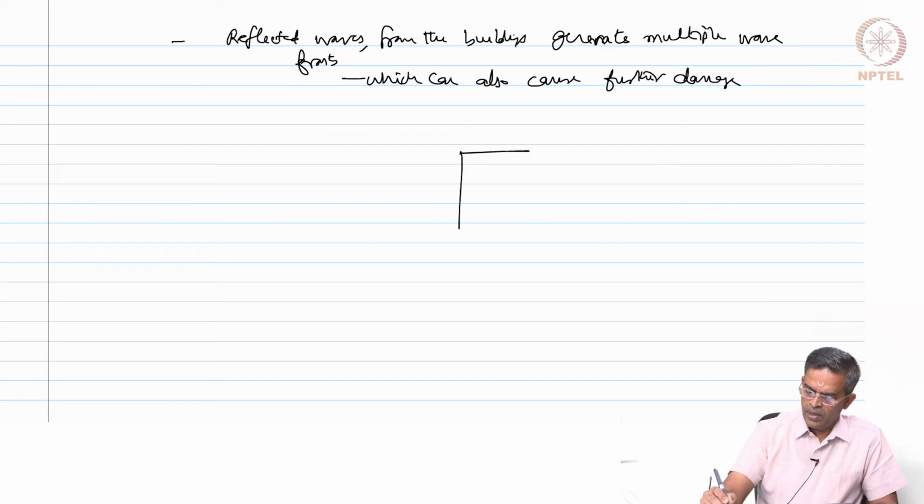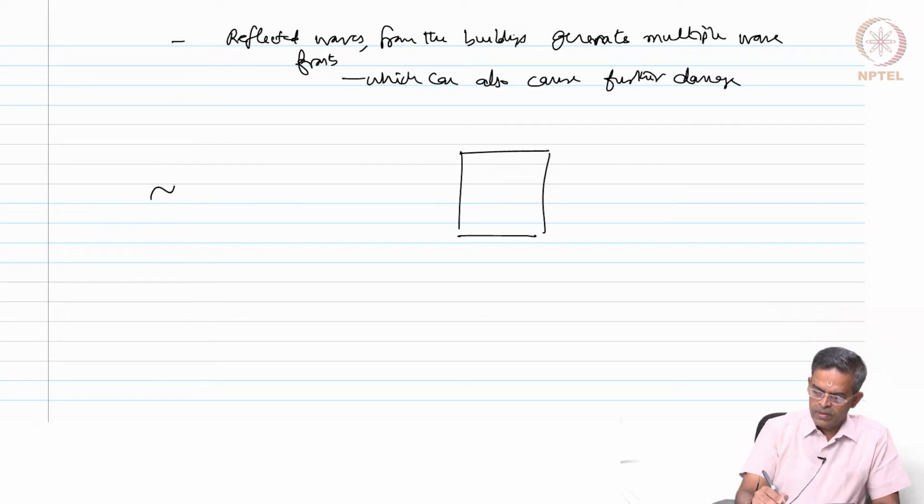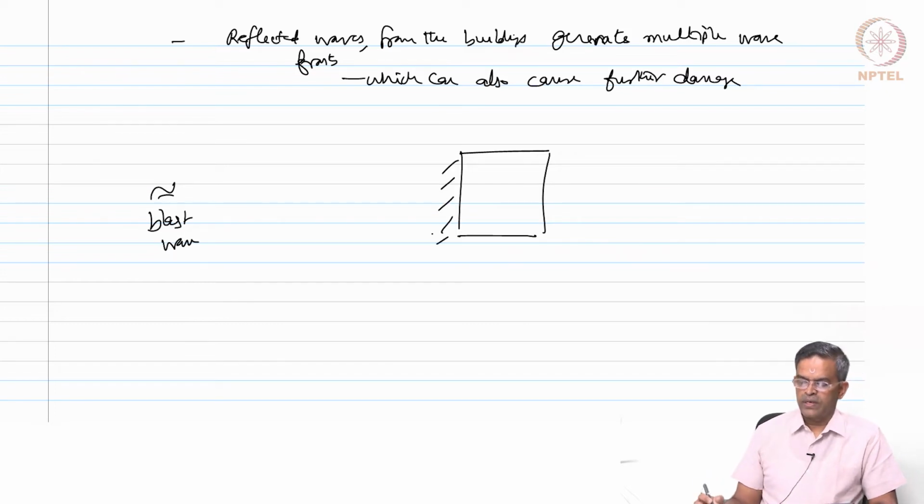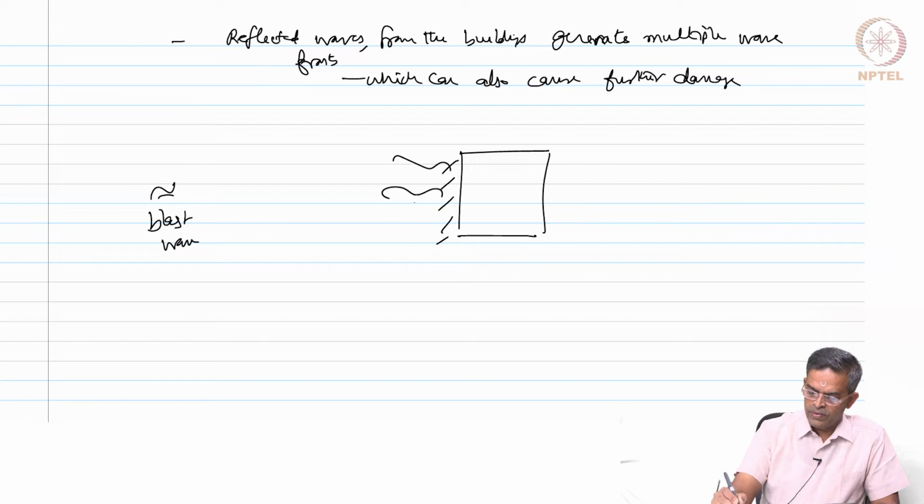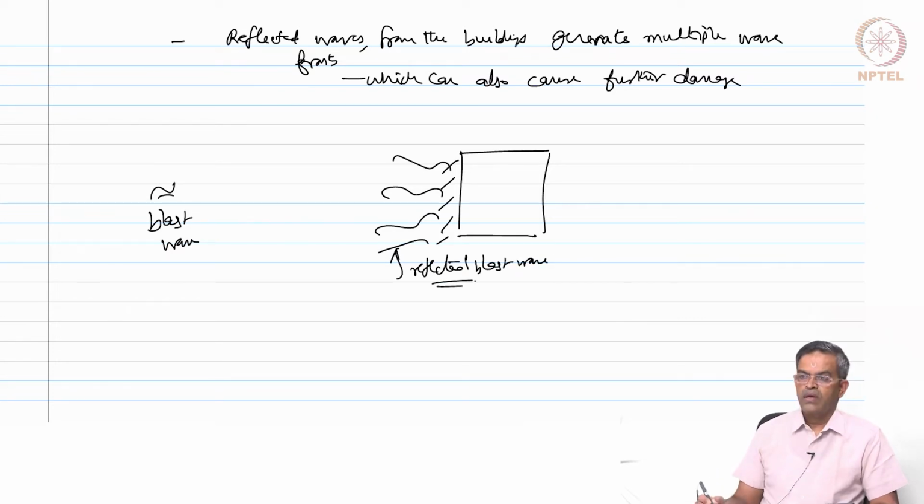So, let us say I have a building, there is a blast wave source. So, the front is affected and there are reflected waves. Okay. Even these waves can have a severe effect on the structures.